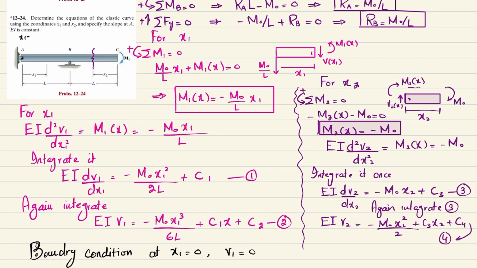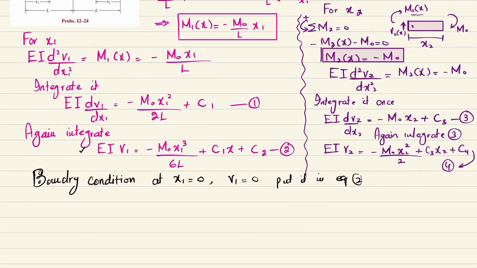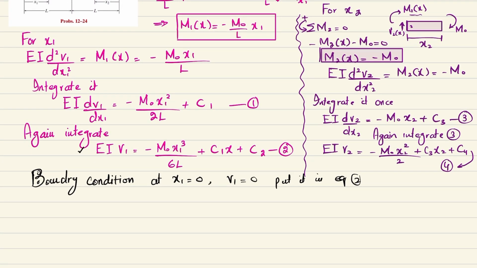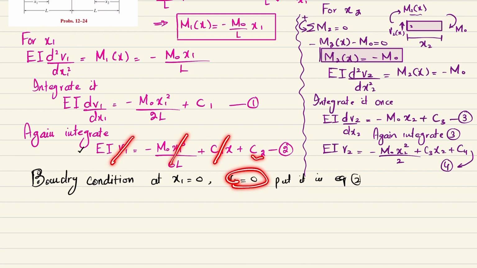Here you have x1 is equal to 0, so deflection will be 0. So you have to put it in equation 2. Why equation 2? Because equation 2 is for deflection V1 for coordinate x1. So again, you can see that when you put x1 is equal to 0, this term will be 0, this term will be 0, and V1 is also 0. So it means that C2 is equal to 0.